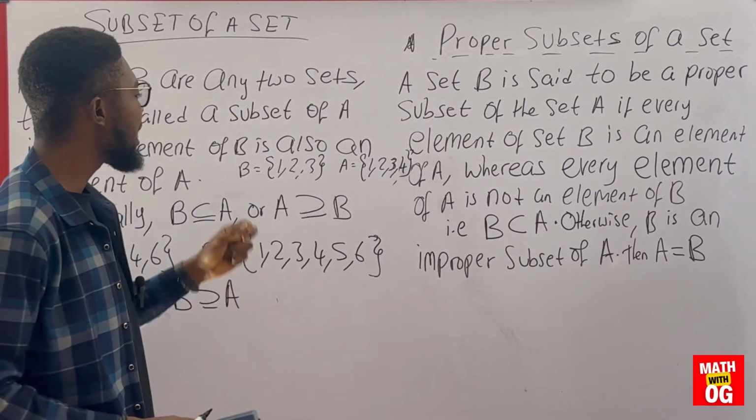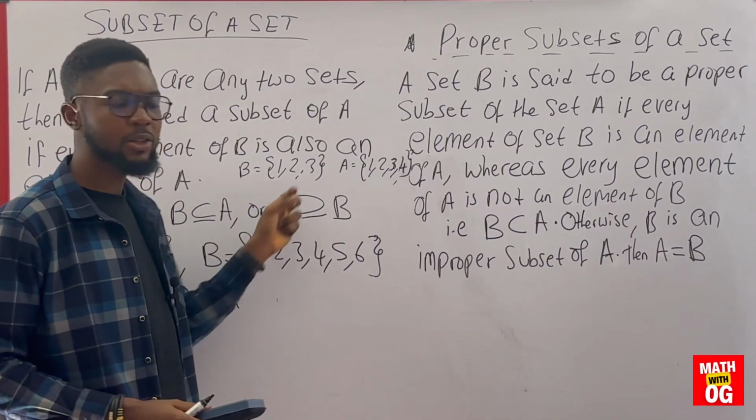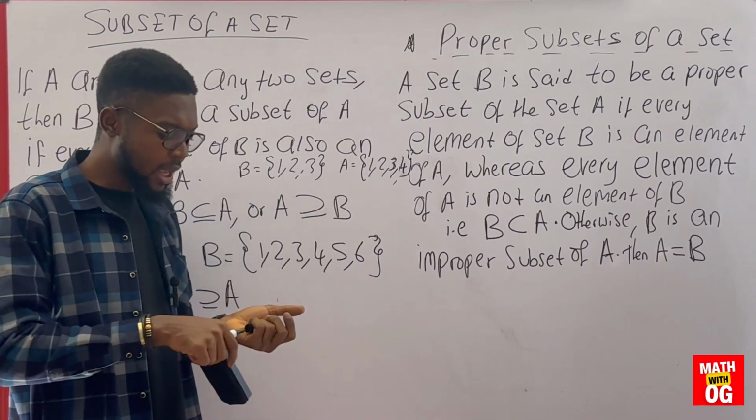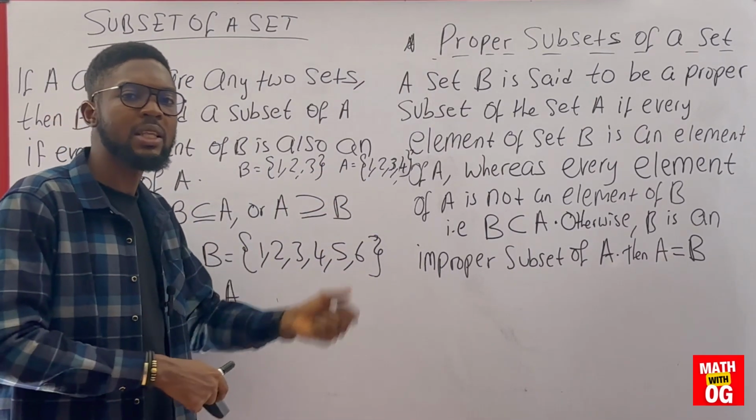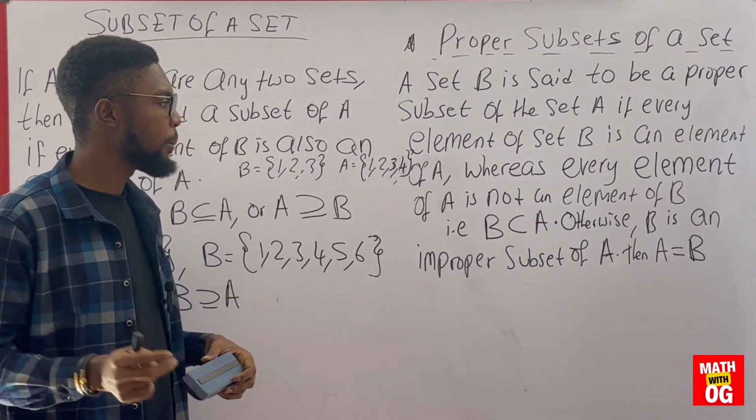But if every element of B is an element of A, and at the same time every element of A is also an element of B, we call that improper subset.